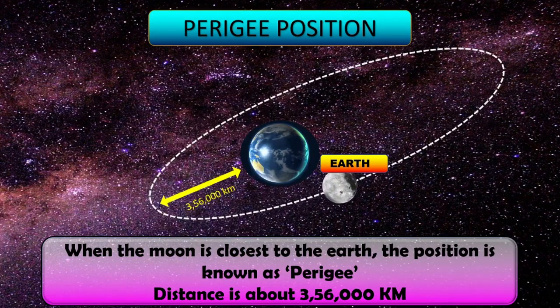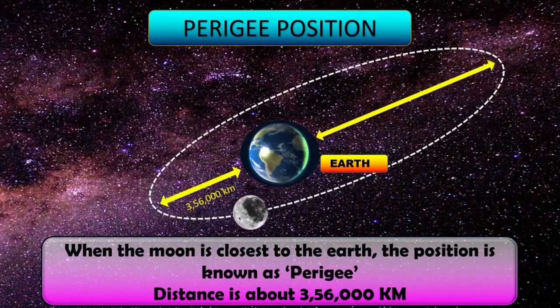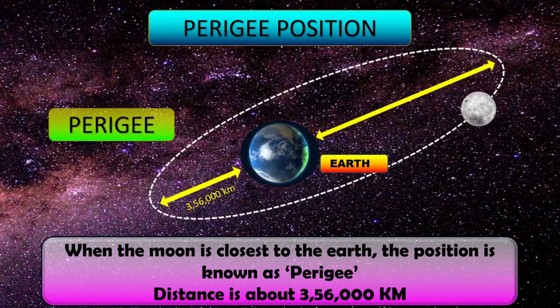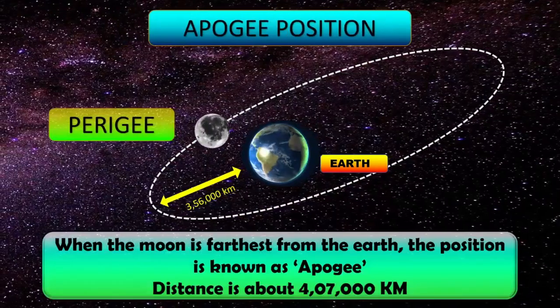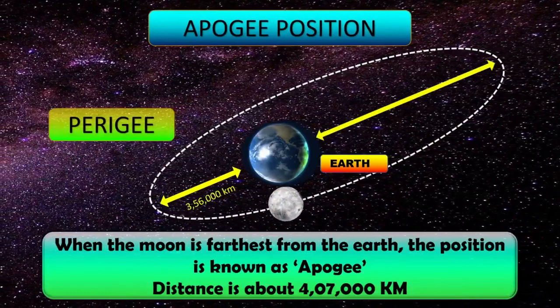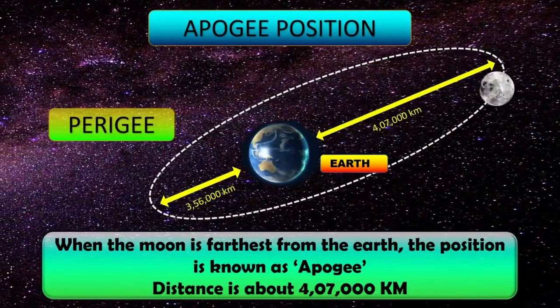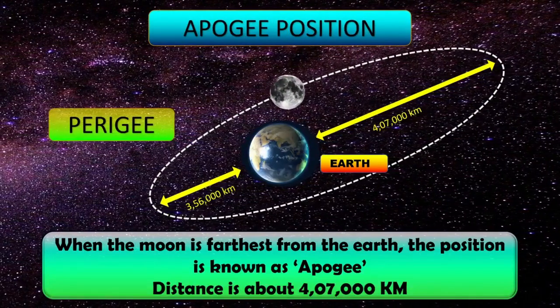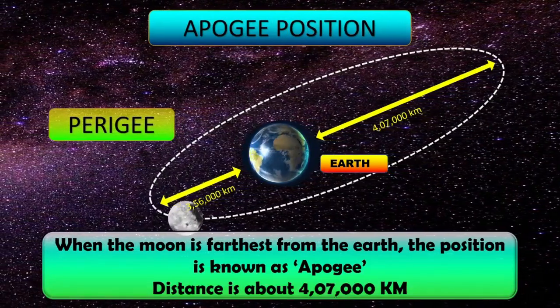While revolving, the moon is also farthest from the earth. It is said to be in apogee position, and the distance between the earth and the moon in apogee position is about 4,07,000 kilometers.